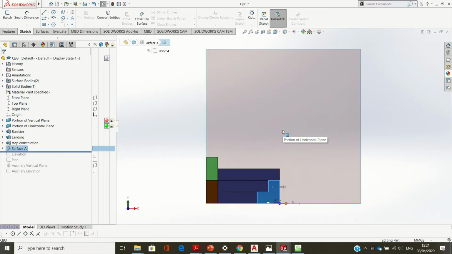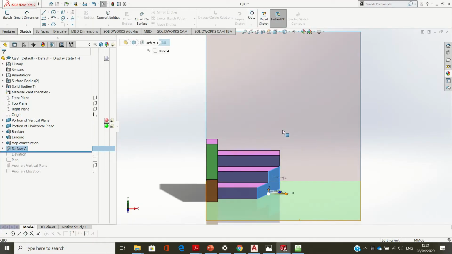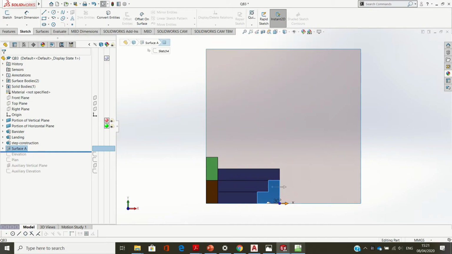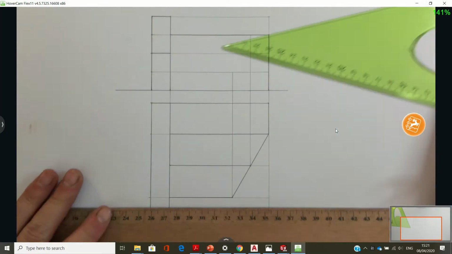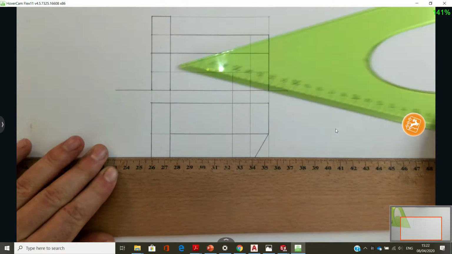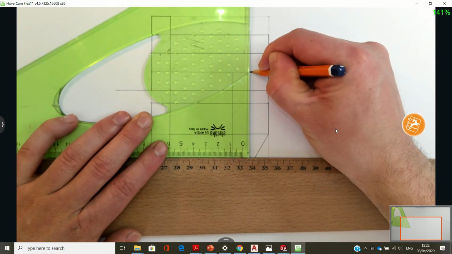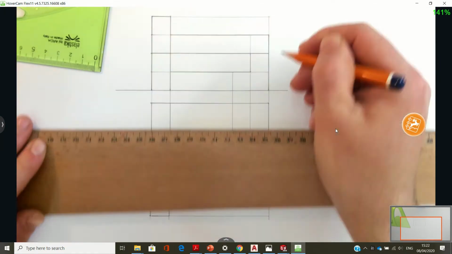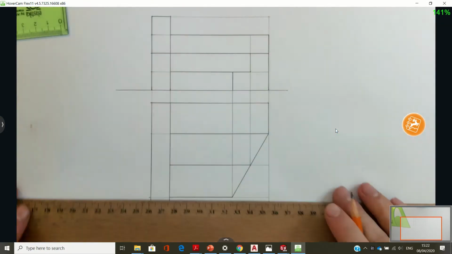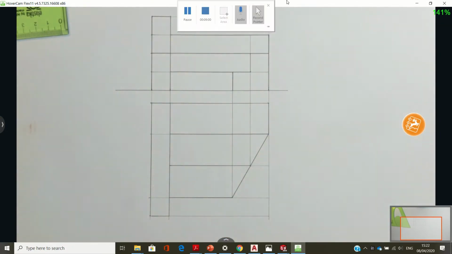So this is what it's going to look like. That's in plan, and this is what it's going to look like in elevation. We have 2 slopes on it, two cuts. So that's the elevation and plan completed.